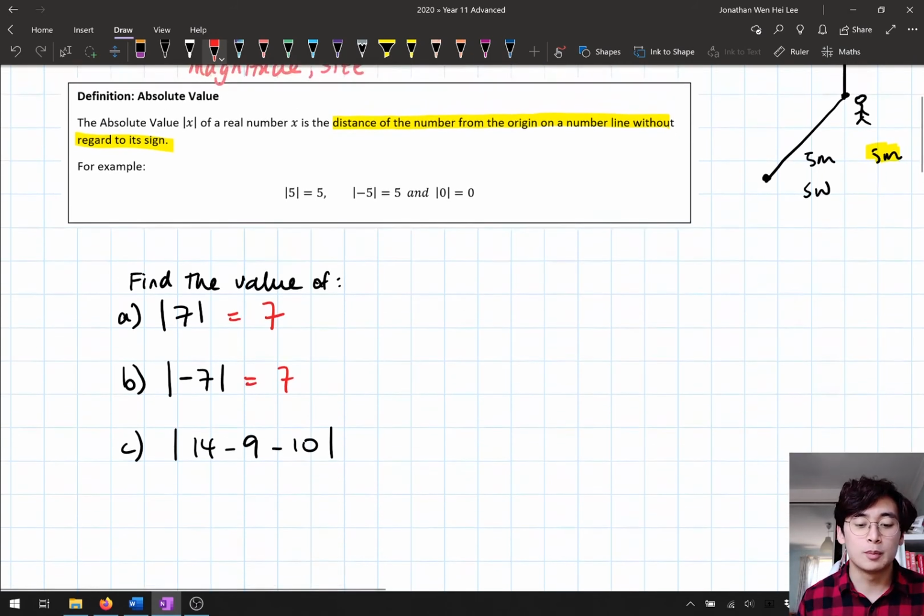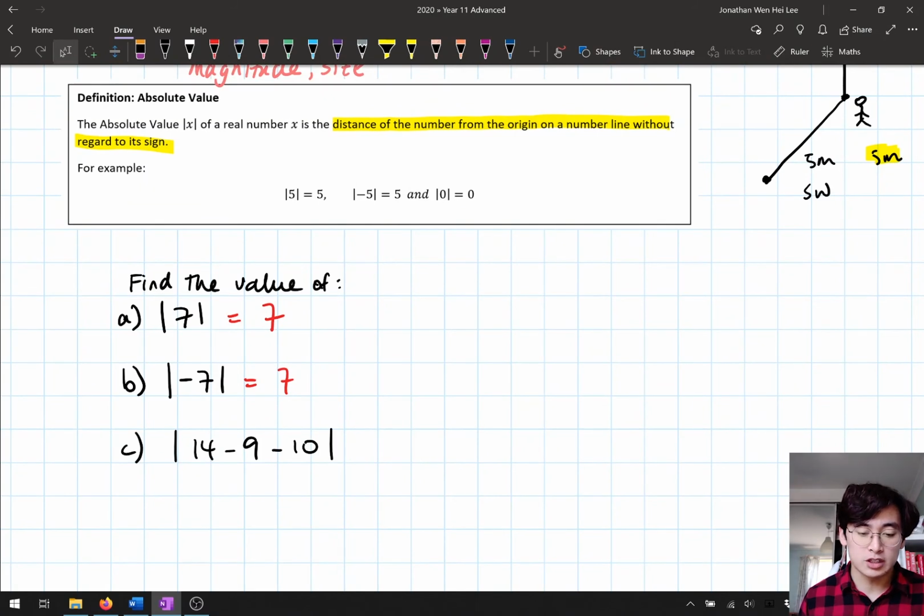Okay, the last one's a little bit trickier. The absolute value of 14 minus 9 minus 10. What we want to do is evaluate the expression inside the absolute value first, and then apply the absolute value after.